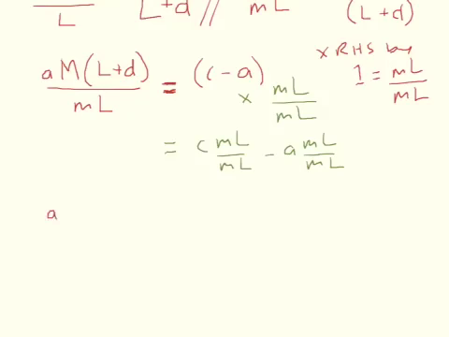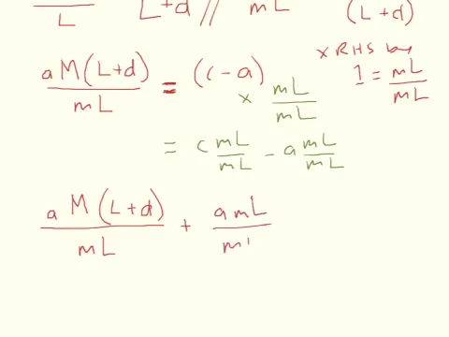So it's going to be A capital M L plus D over ml, and then A times ml over ml, and that equals C. We can actually get rid of the C part now. Looks like we're making C by itself, but just bear with me here and you'll see where this is going.